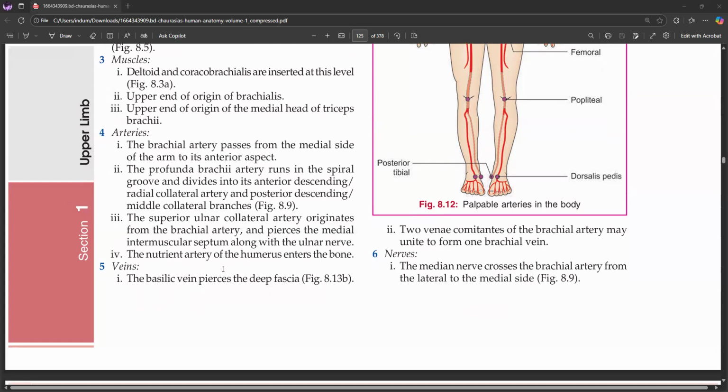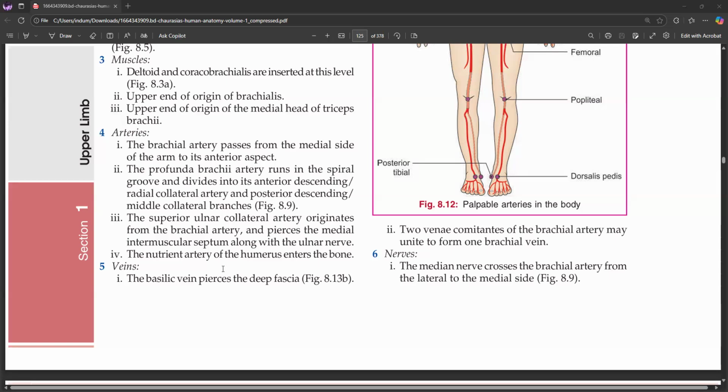The superior ulnar collateral artery originates from the brachial artery and pierces the medial intermuscular septum along with the ulnar nerve. The nutrient artery of the humerus enters the bone. Number 5. Veins. The basilic vein pierces the deep fascia. Figure 8.13b. Two venae comitantes of the brachial artery may unite to form one brachial vein. Number 6. Veins.